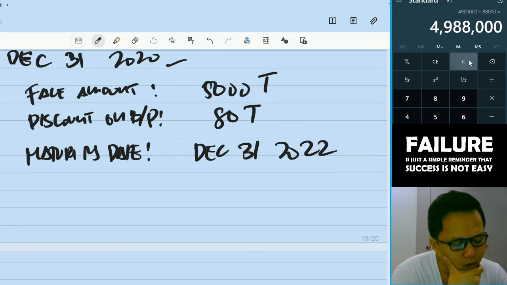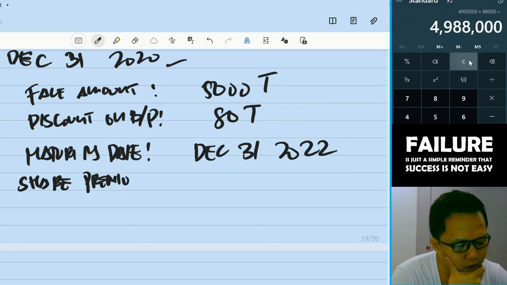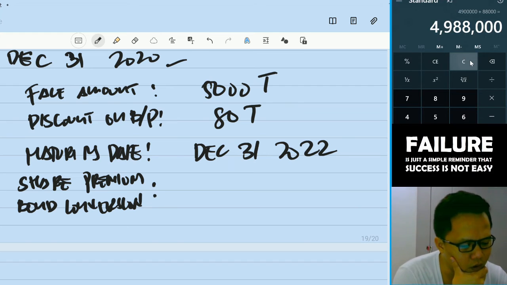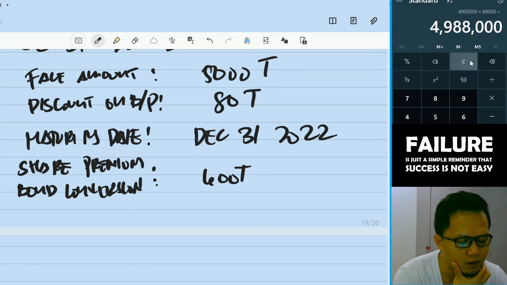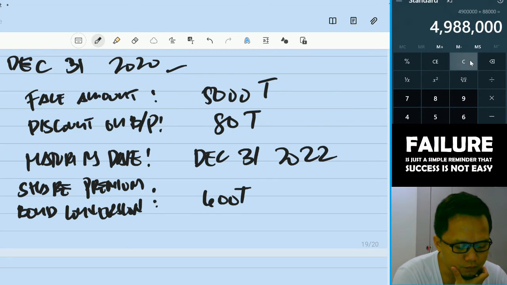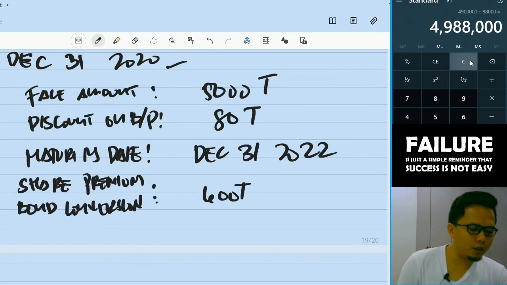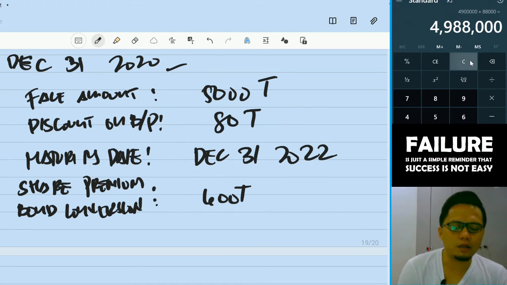Now, let's say on December 31, the share premium bond conversion is still at 600,000. Simple illustration lang.